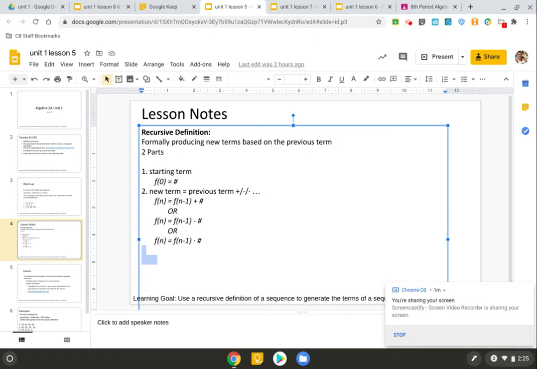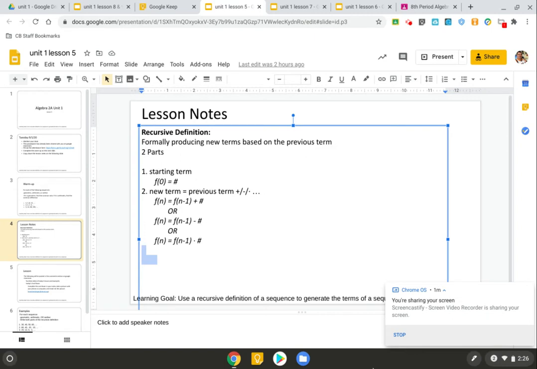if I ask you to find, say, the 100th term of a sequence, and you had to use the recursive form, in order to find the 100th term you would have to know what the 99th term is. And to know the 99th term, you would have to know the 98th term, and the 97th, and so on and so forth.